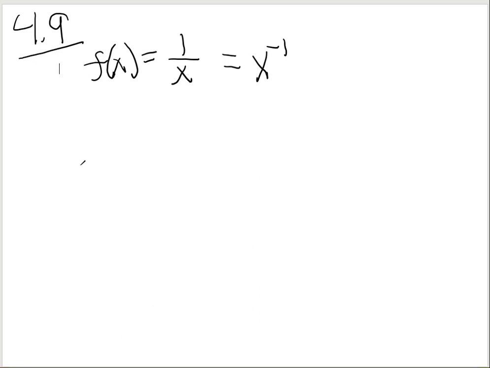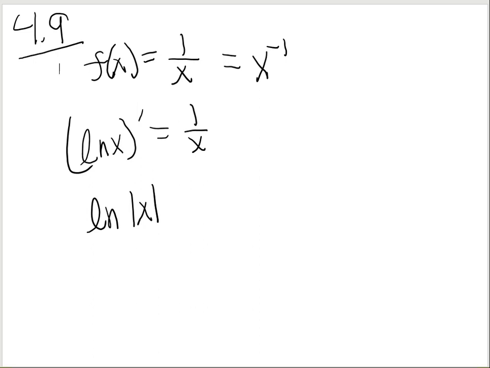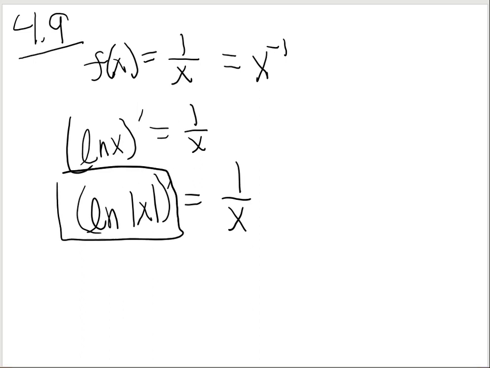Well, remember, the derivative of natural log is 1 over x. But the derivative of natural log of the absolute value is also 1 over x. So which one do we choose? Well, this one is the same as this, just with a much larger domain.